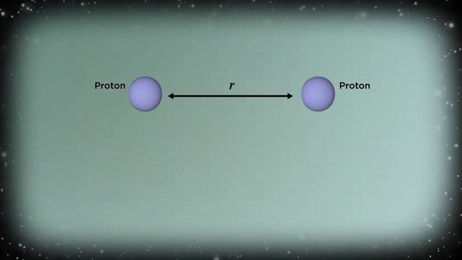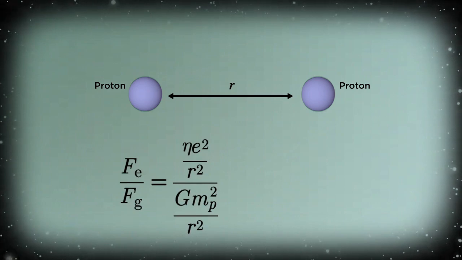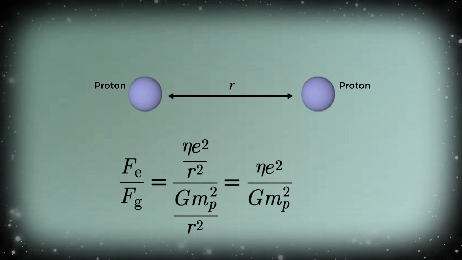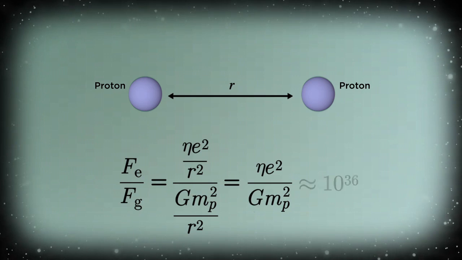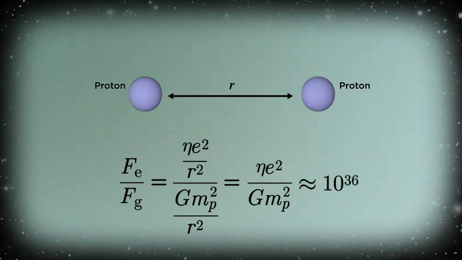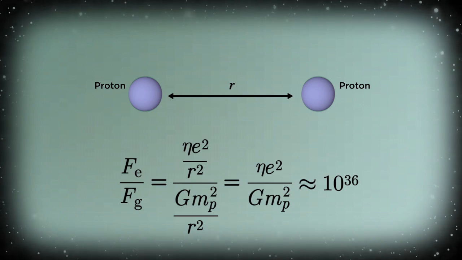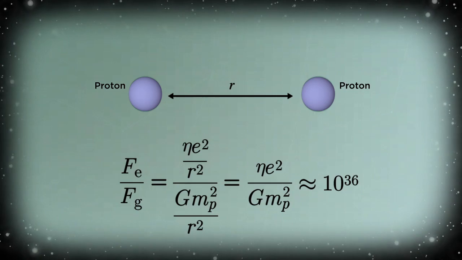To find out, we divide the Coulomb force by the gravitational force. The r-squareds cancel, and then when we plug in the numerical value of all of those constants, we find the ratio is 10 to the 36th power. That's a big number. The electrical repulsion is unimaginably stronger than the gravitational attraction.